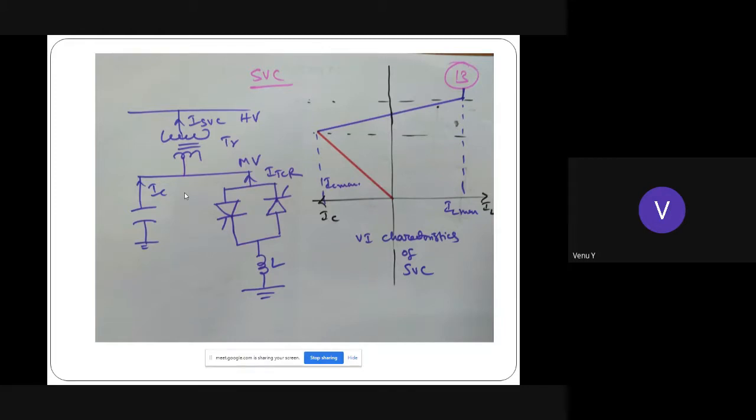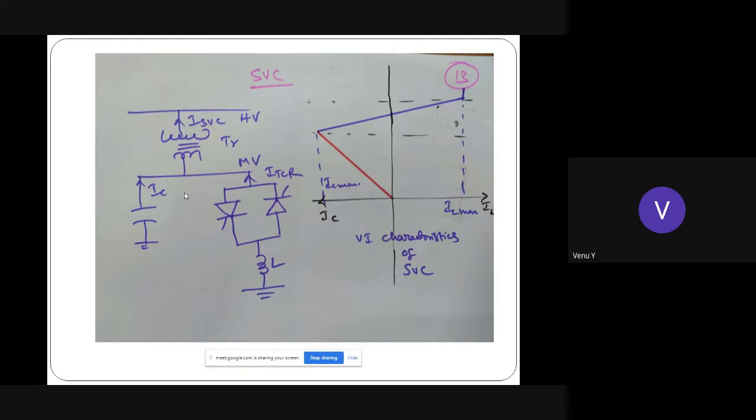So anybody who wants to do projects in this area, you can choose shunt compensators as well as series compensators, in which you can go for SVC as well as STATCOM, and for series compensators, you can go for TCSC as well as TCC. So all these are various types of FACTS devices which are useful for improvement of power system performance in all aspects. You can refer to my videos.